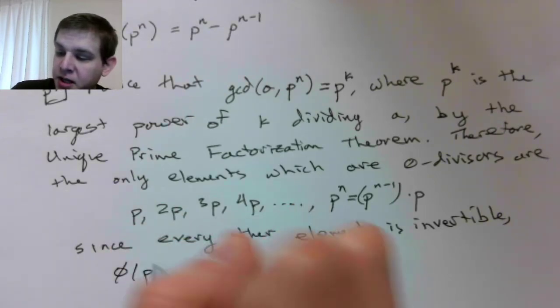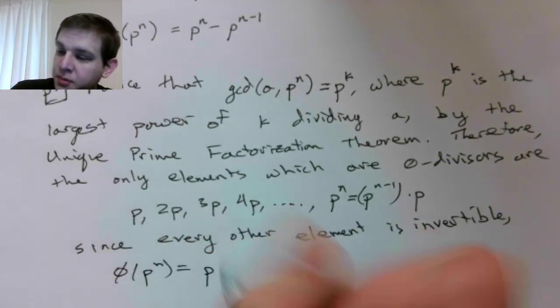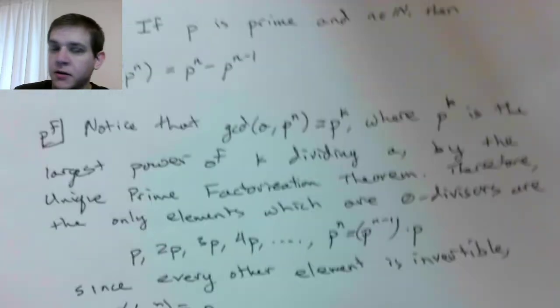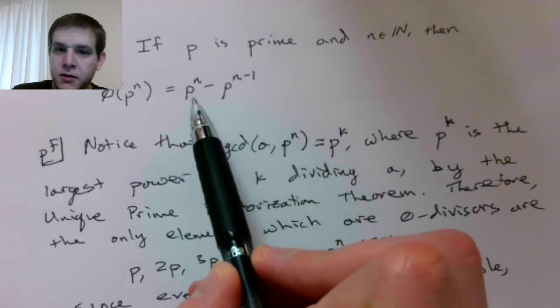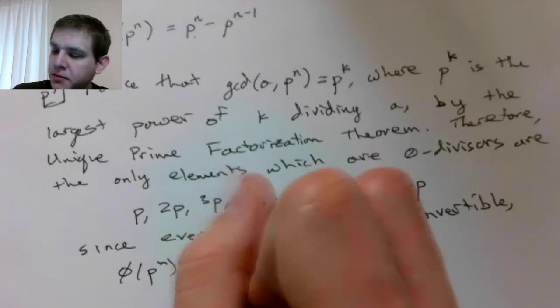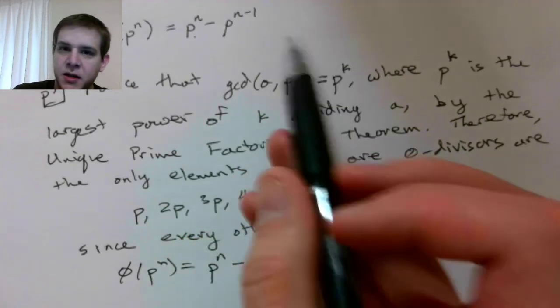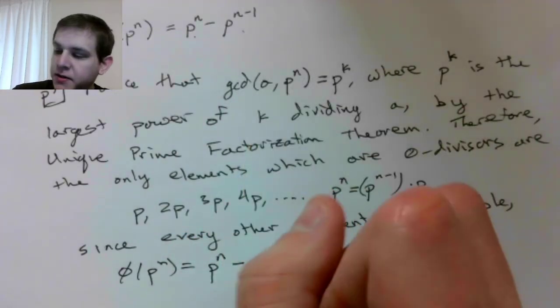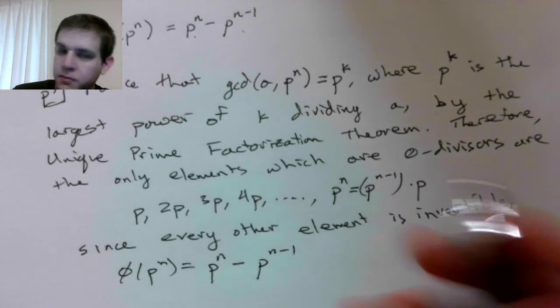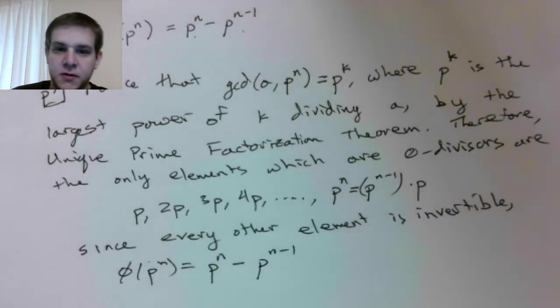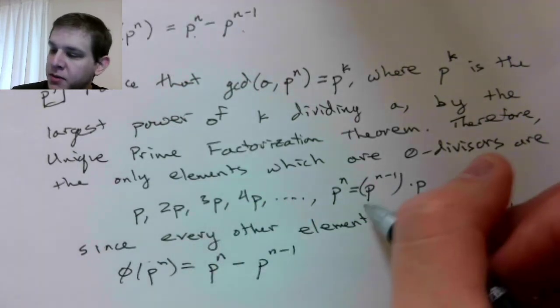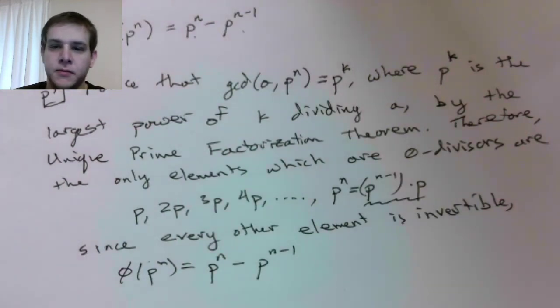Phi of p to the n is the total number of congruence classes minus the number of congruence classes that are zero divisors. And here I include 0 itself as a zero divisor, which is represented by this class here. Right, p to the n is congruent to 0 mod p to the n. So I subtract that as well.